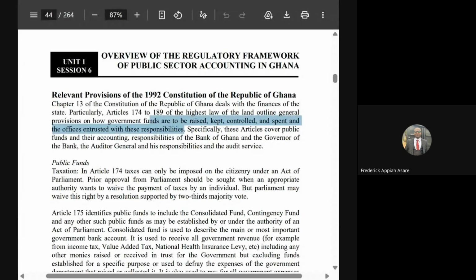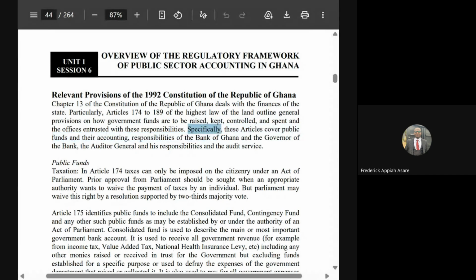So when you take the 1992 Constitution, chapter 13, where we have the articles 174 to 189, it tells us how government funds must be kept, how they must be raised, how they must be controlled, and how they must be spent. And also the offices that are responsible in managing this. That is what the Constitution gives us.